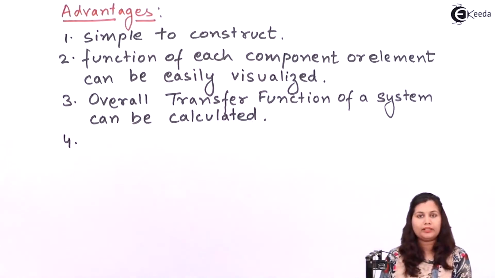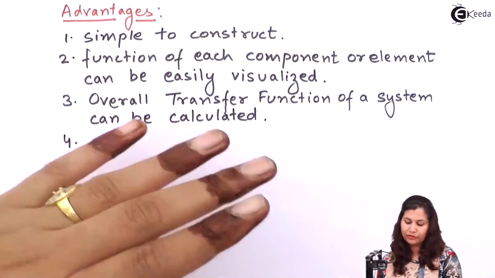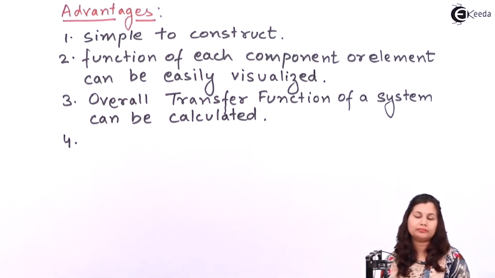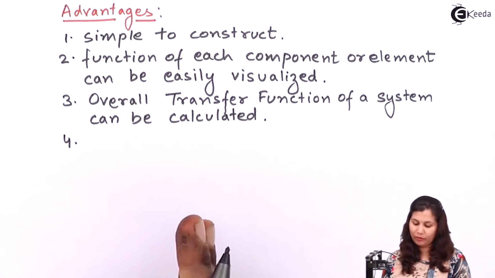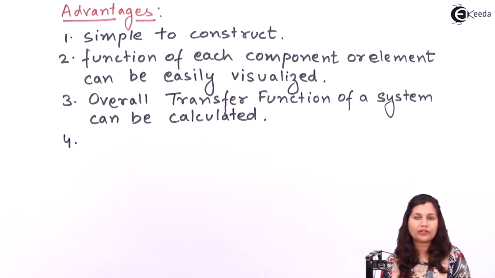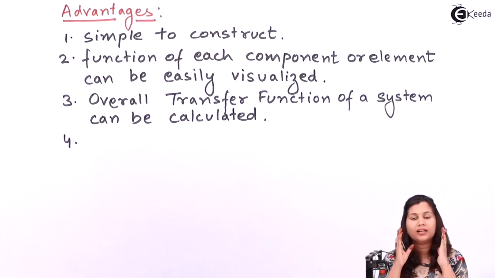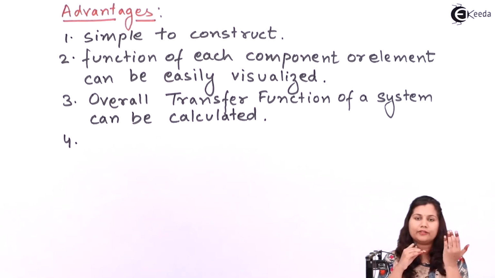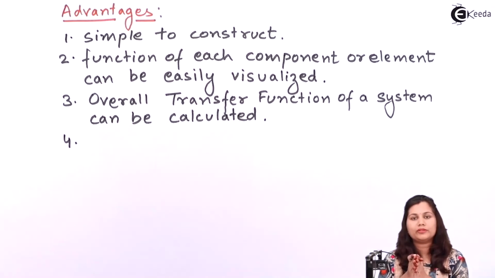The fourth advantage of a block diagram is that the transfer function of each component is known to us, and we can also calculate the overall transfer function of the system. So by having the transfer function of each component and the overall transfer function of the system, we can study the individual and overall performance of a system by a block diagram.